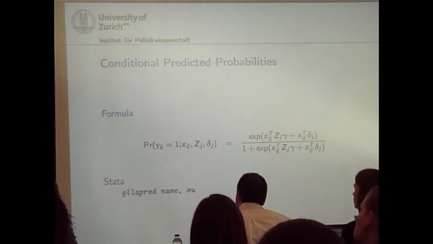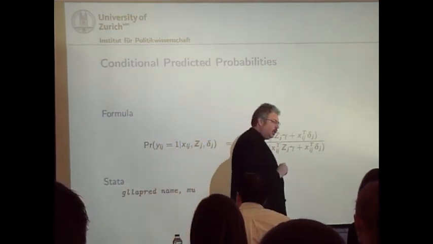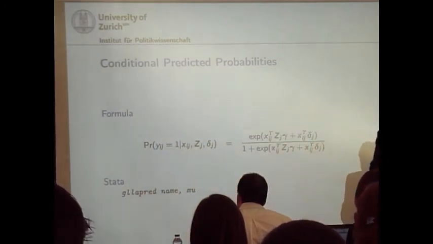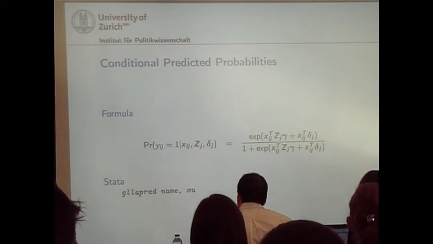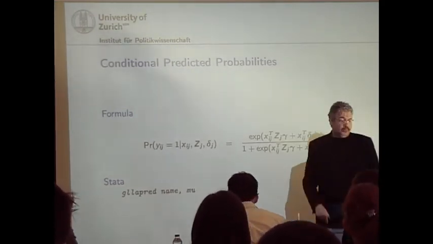And you could also pick a particular polling district, take its value for delta, and take that into consideration when computing the predicted probabilities.